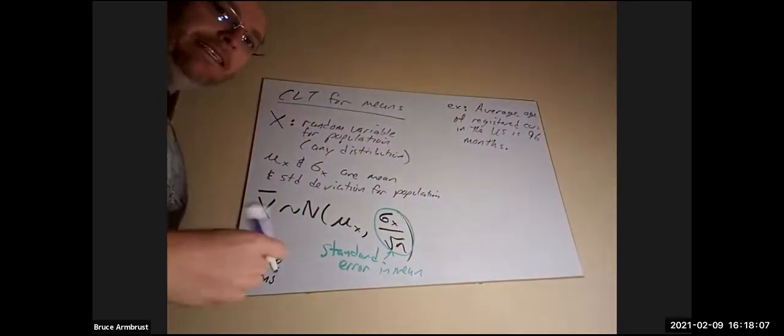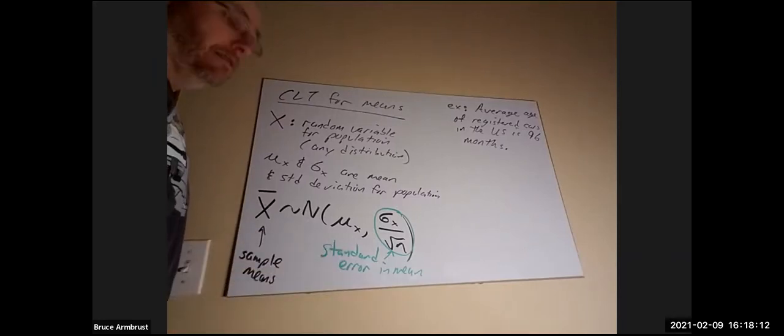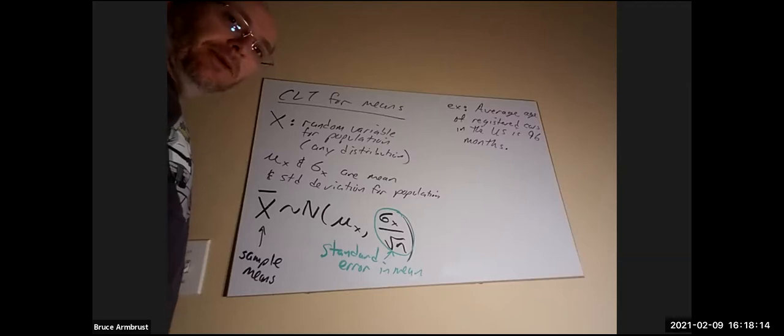Okay, so 96 months is 8 years. So on average, the age of a registered car in the US is 8 years old.